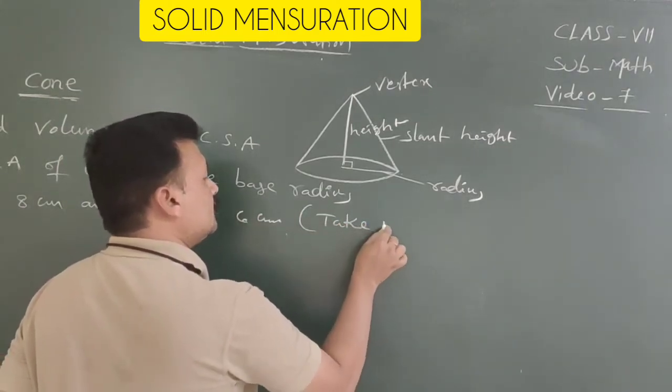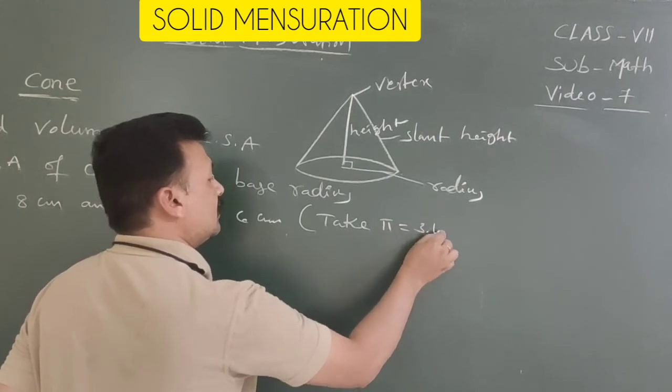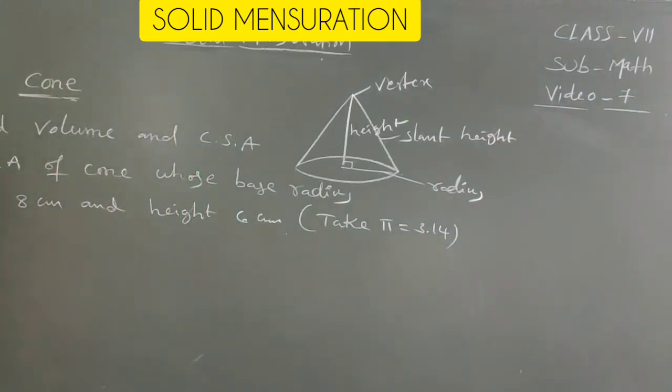Take pi as 3.14. In general it is 22/7, but sometimes they will give pi value as 3.14. Whenever they give 3.14, you need to take 3.14 instead of pi.